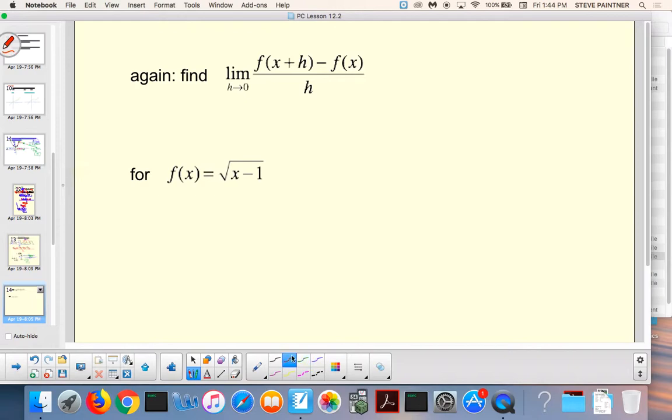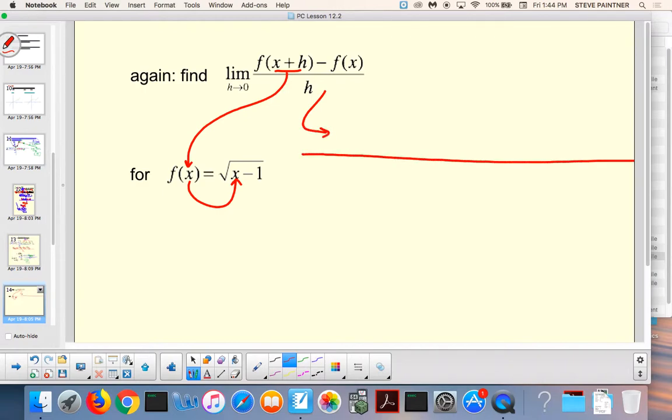I'm going to draw you a couple pictures. Take this, put it in here. This goes back into here, correct? All right, here we go. So when you put x plus h into that, what did this read?